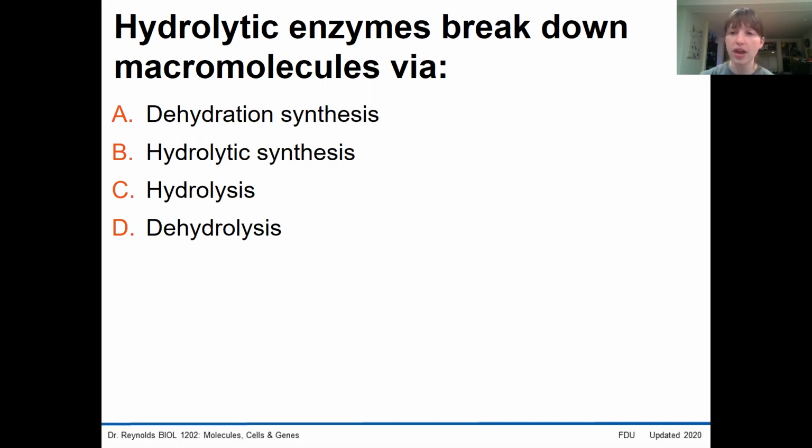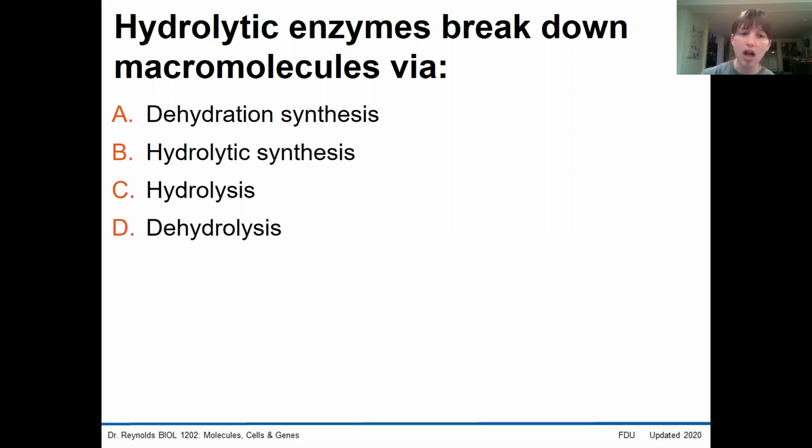Well, if you break these words down, you can start to have a better understanding of their purpose. Specifically, A, dehydration synthesis. Well, synthesis means to create new, right? To synthesize something. So synthesis is not going to be a component that we use. Even hydrolytic synthesis, which sounds like hydrolytic enzymes, would describe new bonds. So that's not it.